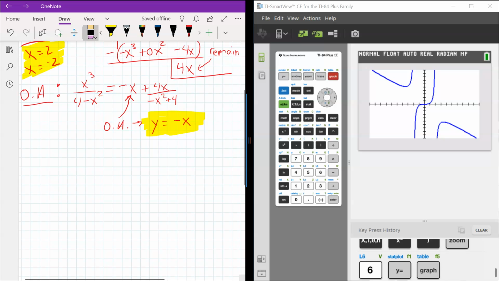Alright, so I draw a vertical asymptote at negative 2, another vertical asymptote at 2, and then the oblique asymptote y equals negative x.